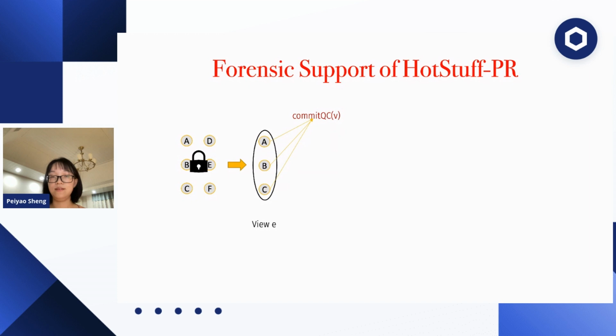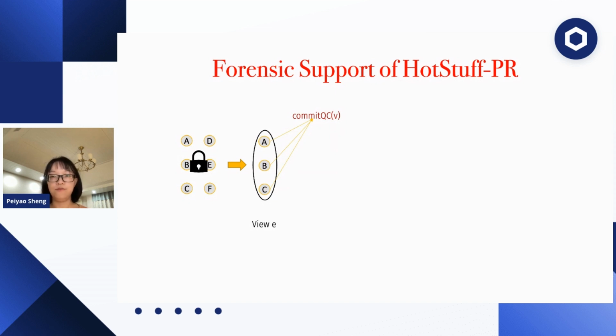To analyze the forensic support of this HotStuff PR, since nothing else changes, the previous analysis is still applicable. So the culprits we hope to detect are those who receive a lock on one value, but vote for another value. Without receiving a key, if they vote for another value, then they are the culprits.